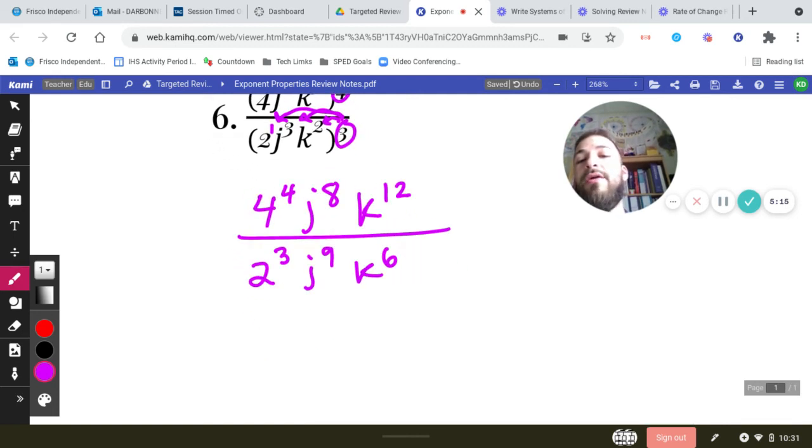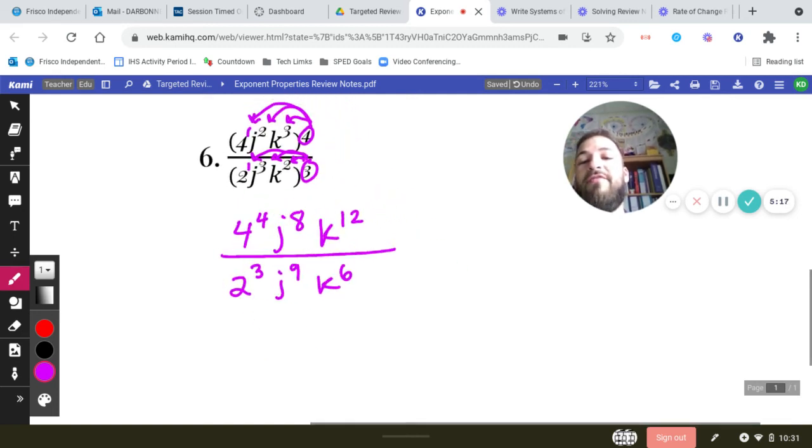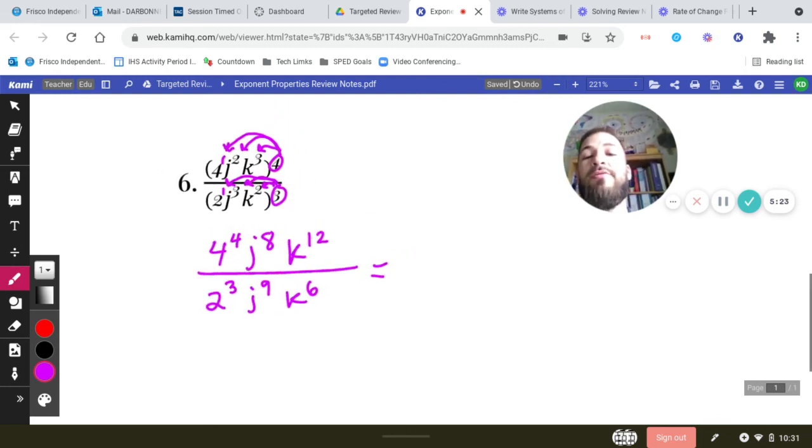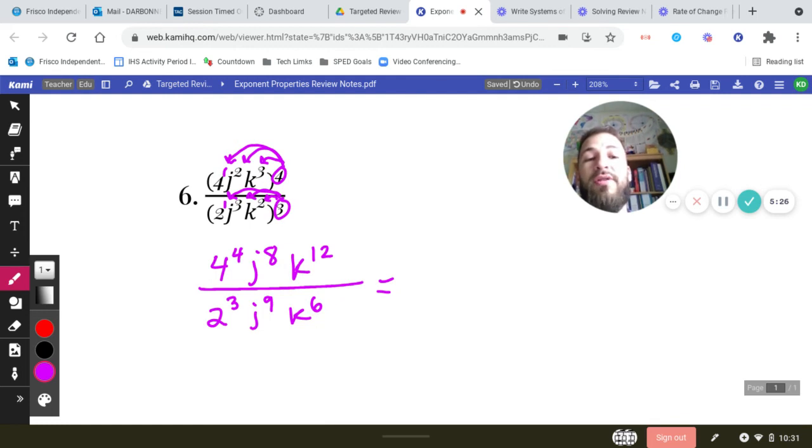And then from here, I want to divide everything, but before I can do that, I have 4 to the fourth and 2 to the third. I can't divide those right now, so let's go ahead and actually get those. So 4 to the fourth is 256. And you can, of course, type that in the calculator if you need to. 2 to the third is 8, and then j to the eighth, k to the 12th, j to the ninth, k to the sixth.